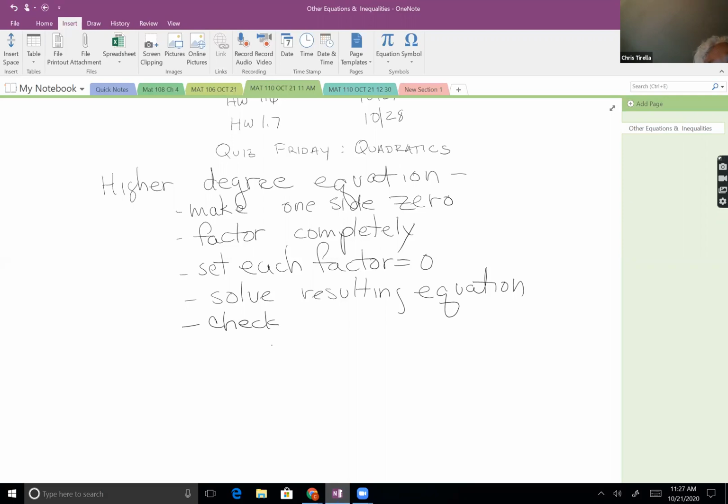After you look at those higher degree equations, the next equations that you're going to look at are radical equations.